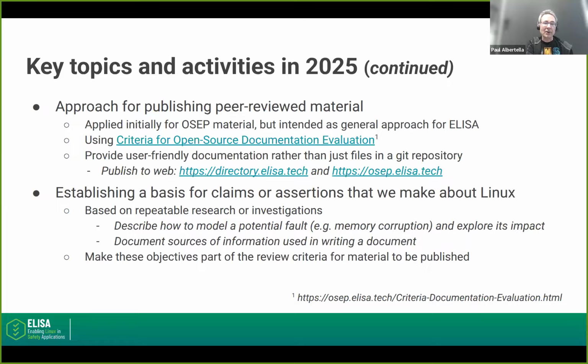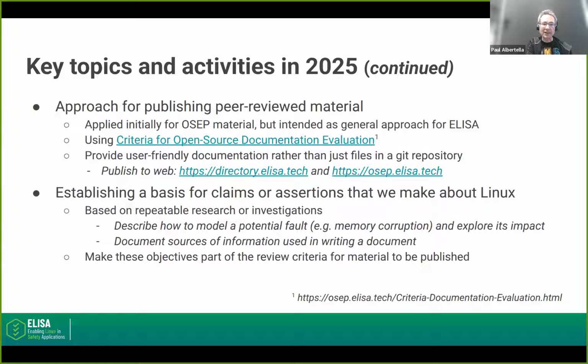And documenting the source of information that we've used in writing that document is another important thing. This is an open project. We want people to be able to not only recreate the investigations that we've done, but also to confirm them. So this is a basic part of the approach we want to take.